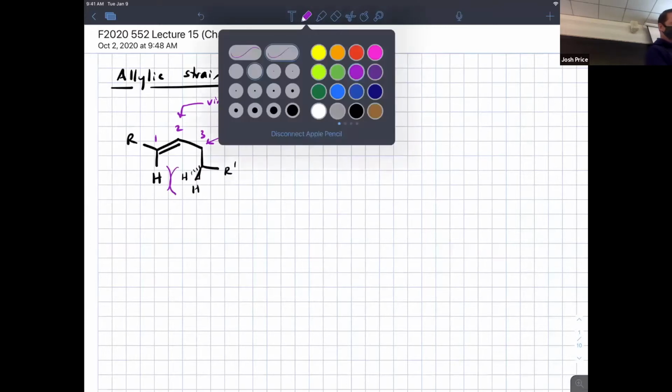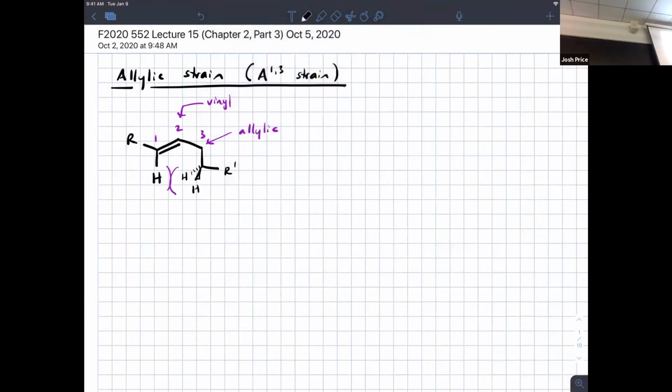A place that it shows up in research in the department is in Dr. Castle's lab. So if you're interested, you can look up this paper in Org. Lett. from 2017, and my colleague Dr. Steve Castle's lab, where he is working with dehydro amino acids.